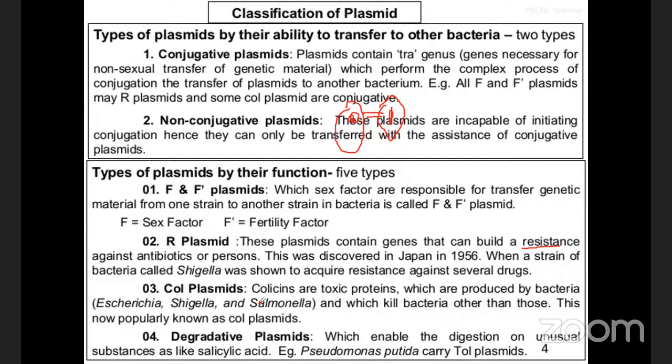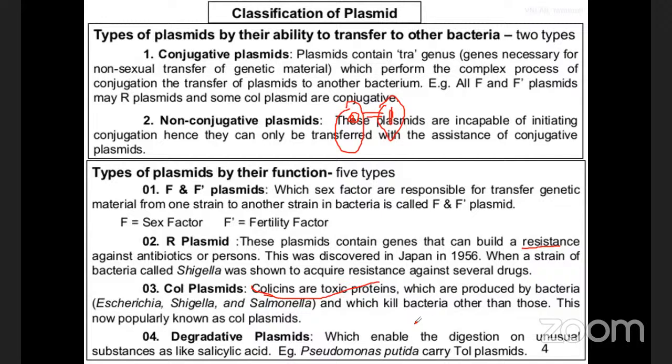Okay, these are coli bacteria which release toxin proteins that cause the death of other bacteria. Those are col plasmids, which cause the death of other bacteria. And then degradative plasmids.